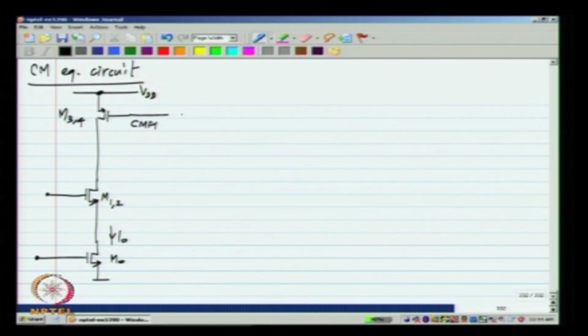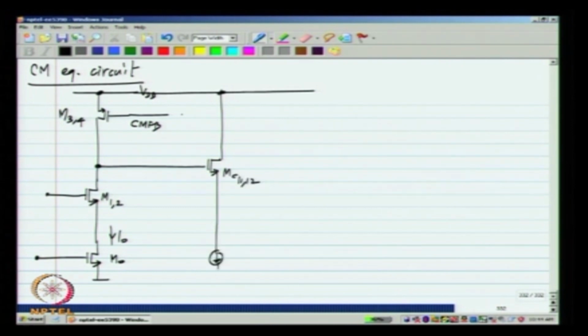This is the common mode feedback node, M3 and 4 are in parallel there, and here I will have MC11 and 12 in parallel with a bias current of 2 IC0, because I have two current sources in parallel. I have the resistance R by 2.